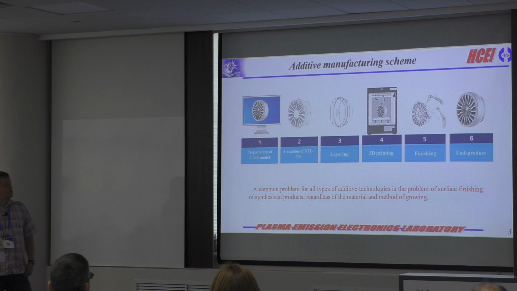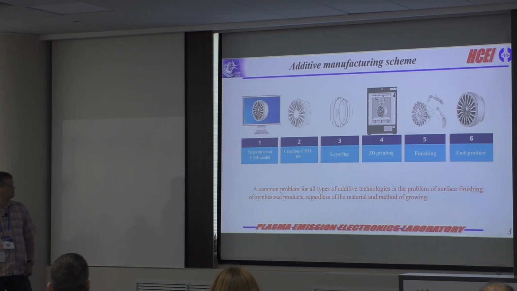Schematically, the process of additive manufacturing can be presented by six simple steps. The first is preparation of the CAD model, creation of the STL file, layering, 3D printing, finishing, and obtaining the end product.